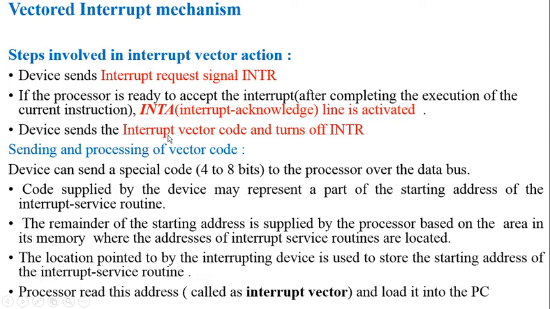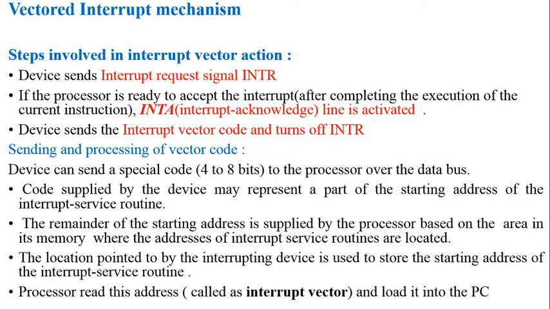Okay, so this is the elaboration of this third step here. After sending an acknowledgement signal, the device identifies that its interrupt request is going to be serviced next, so the device next places a special vector of length 4 to 8 bits.